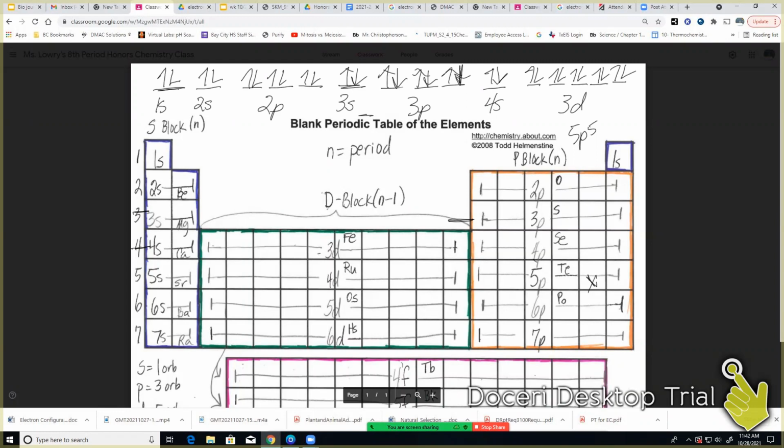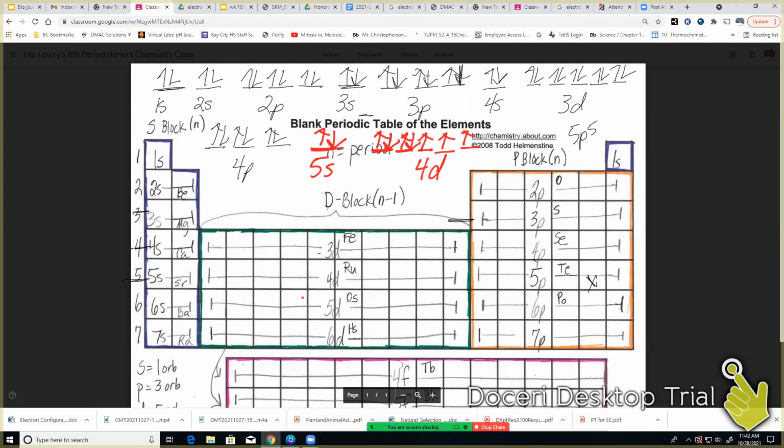And then I have my 4p, 1, 2, 3, 4, 5, and 6. Next is my 5s. Maybe I'll switch colors here. I did give myself enough room. And then my 4d, 1, 2, 3, 4, 5, and then 6, 7, 8, 9, 10.